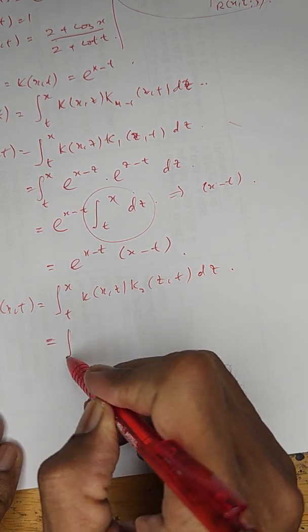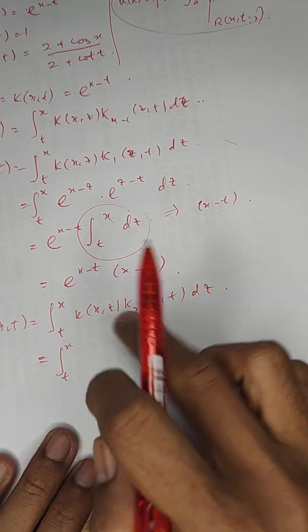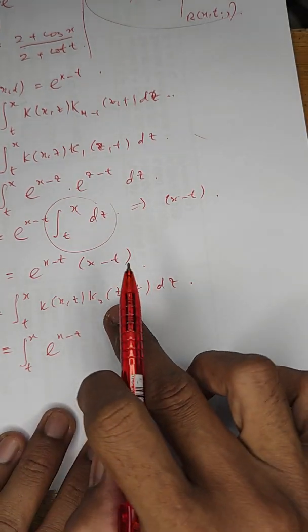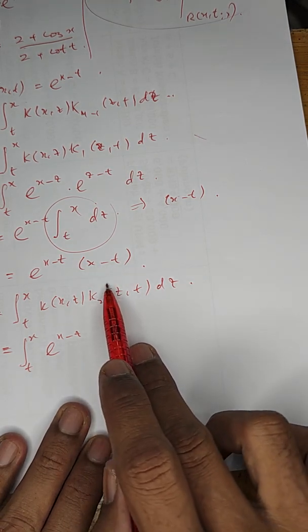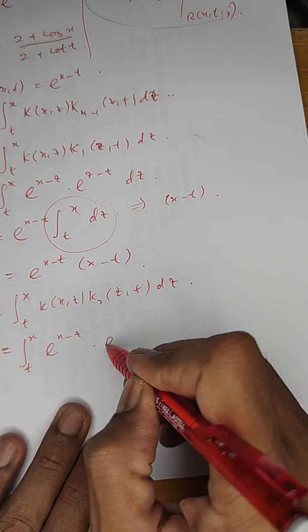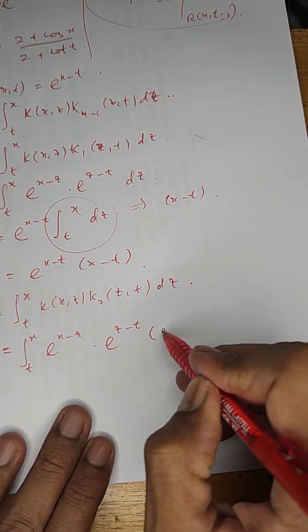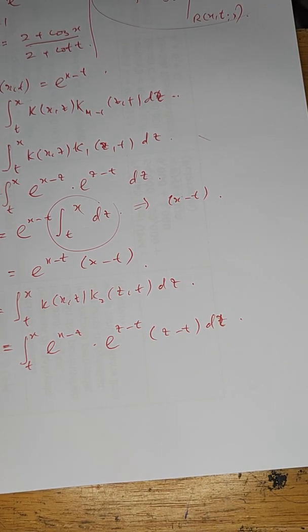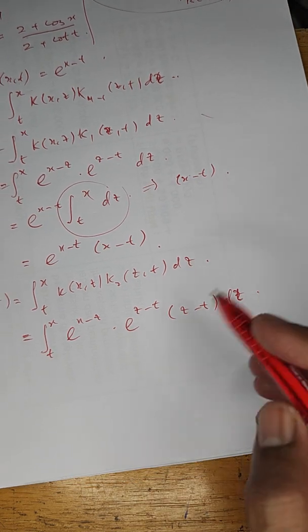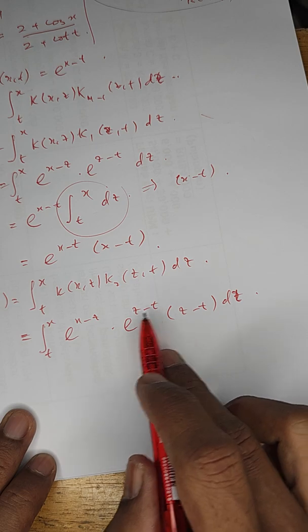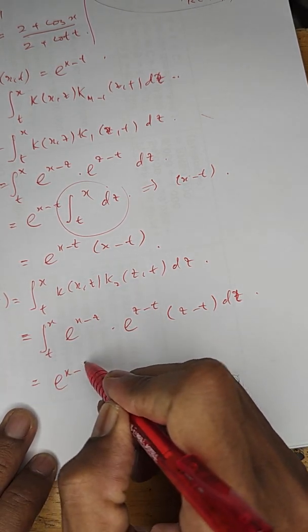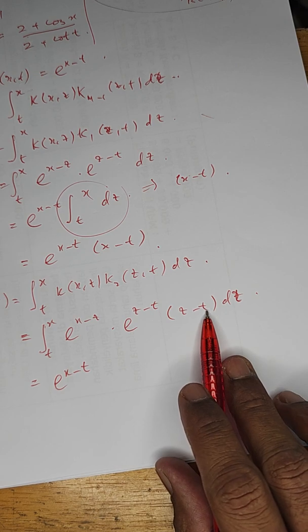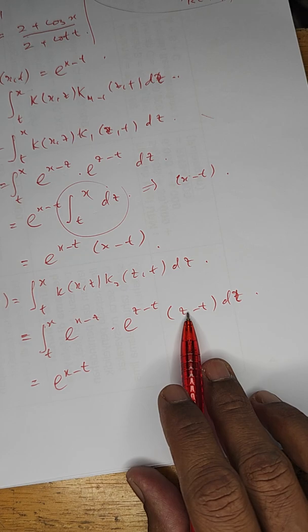So integrate from t to x, k(x,z) is e^(x-z), and K2(z,t) is as we have here, replacing x with z, so e^(z-t)(z-t) dz. The z cancels out, so we have e^(x-t) and here we have (z-t) dz.